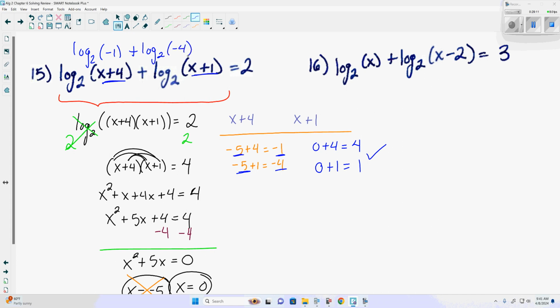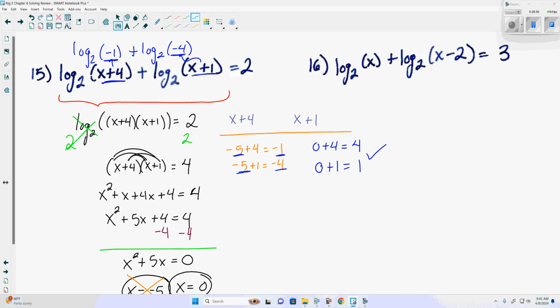I didn't write the whole thing out, but when I did -5 plus 4, it gave us a -1, and -5 plus 1 gave us -4. The number that ends up being here when we plug in the value of x cannot be negative or 0.